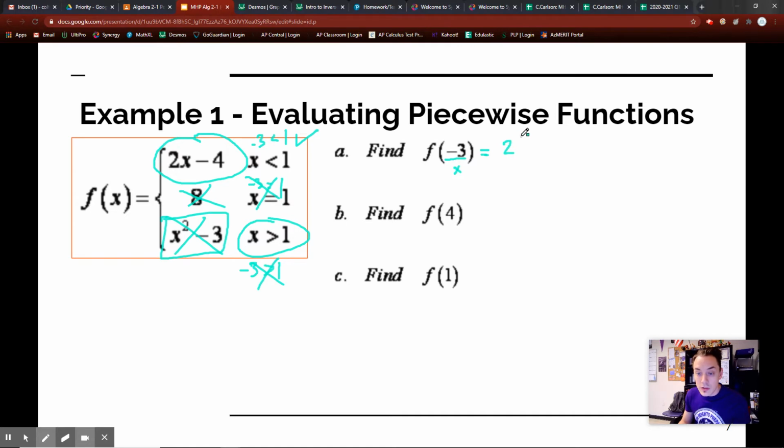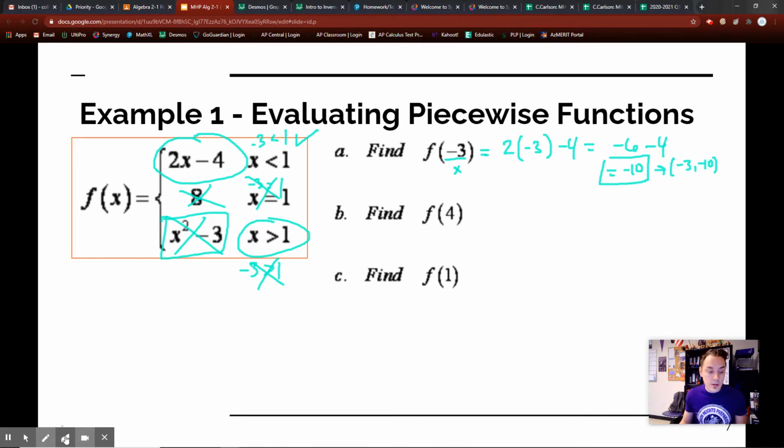So 2 times -3 minus 4, which is -6 minus 4, which of course is -10. What just happened here? We just found a point: (-3, -10). So when we actually graph this piecewise function, we're going to see that this is a point on the graph, (-3, -10). That is an actual point here.